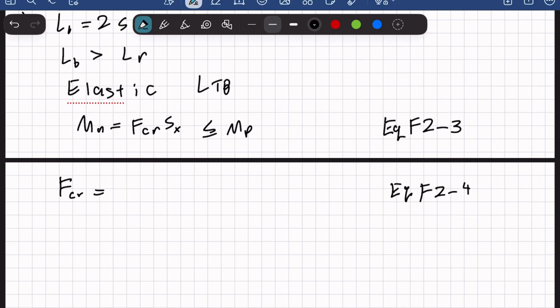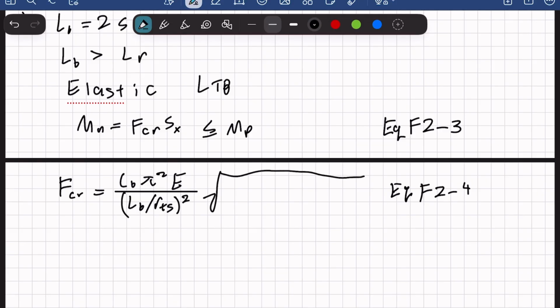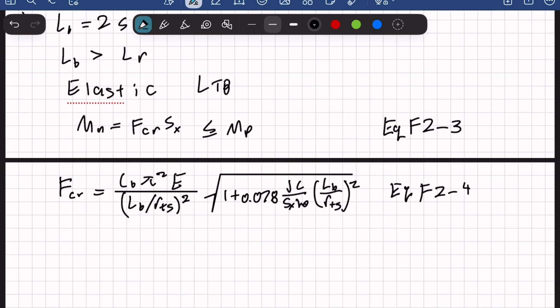And we have this gigantic mess. It's going to be equal to Cb pi squared E divided by (Lb over rts) quantity squared, times the square root of 1 plus 0.078 Jc over Sx ho, times (Lb over rts) squared.